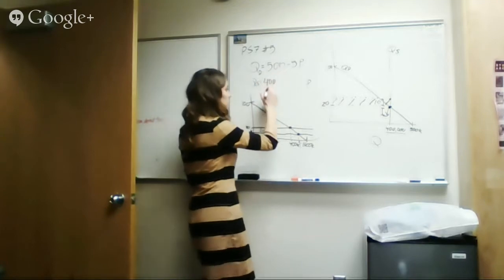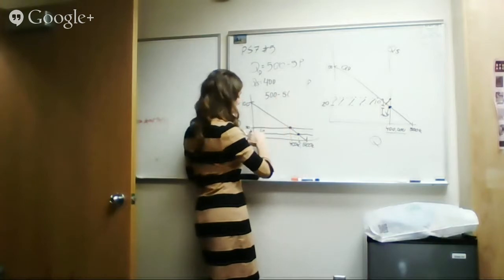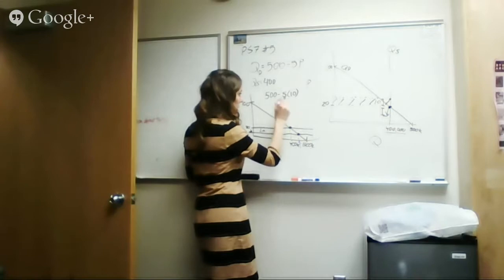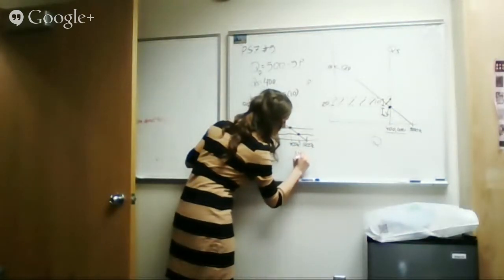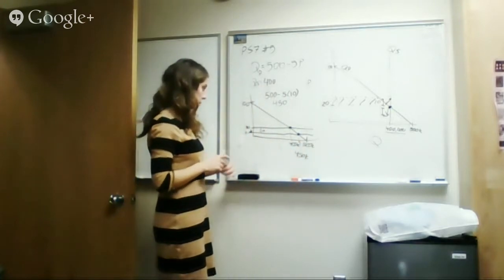So 500 minus 5 times 10 is going to be 450. So this point here is 450,000. And that's how many they'll be supplying.